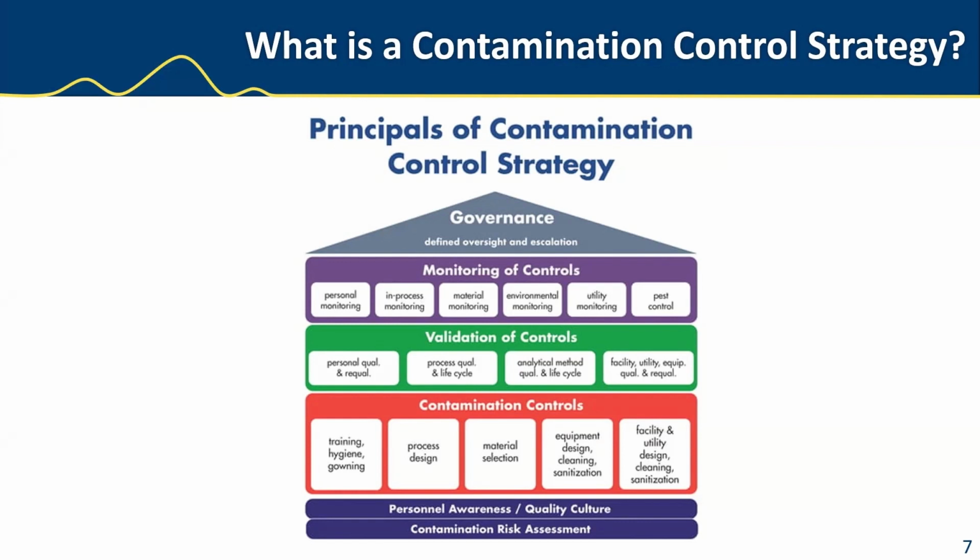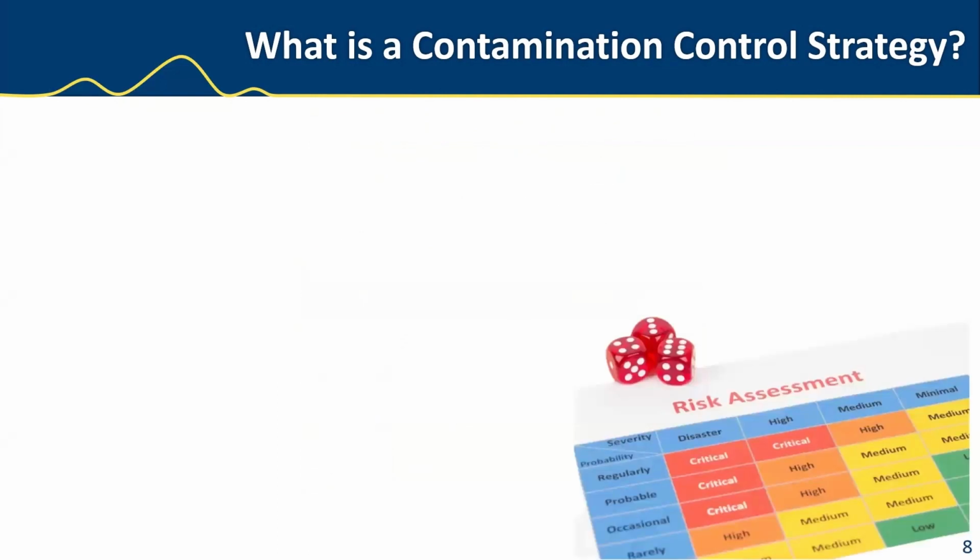So the contamination control strategy is a total governance of the whole facility, and it's a multi-department collaboration. That collaboration will bring about all of the data that's being put into the contamination control database. So we look at, what is the strategy? Well, it's about risk.